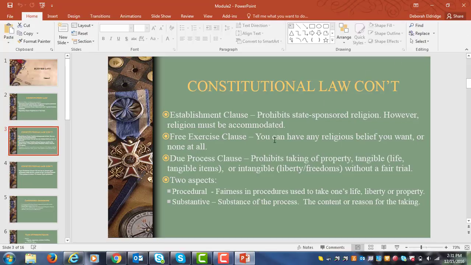Now, we also have different aspects of our Constitution. We have the Establishment Clause, we have a Free Exercise Clause, we have the Due Process Clause, and then we have also two additional aspects which concern, under the Due Process Clause, procedural due process and substantive due process. When we talk about procedural due process, we're talking about the fairness of the procedure.